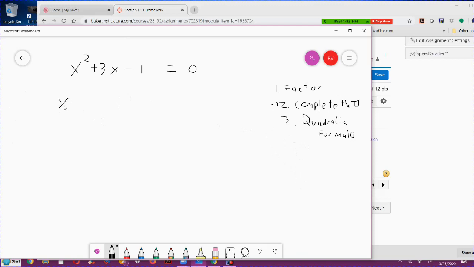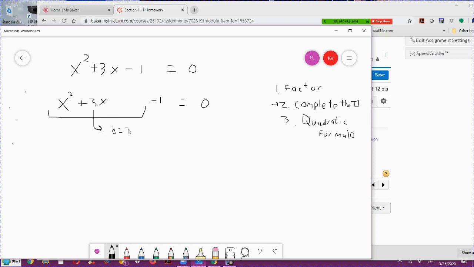So what I do with these is first of all, I split off. Since there's no number out in front of the x squared, I'm just going to split off the x's from the other term, leaving a space. Now I'm thinking about this space as creating the perfect square trinomial. I'm going to take this middle number, call it b if you want. b is equal to 3.